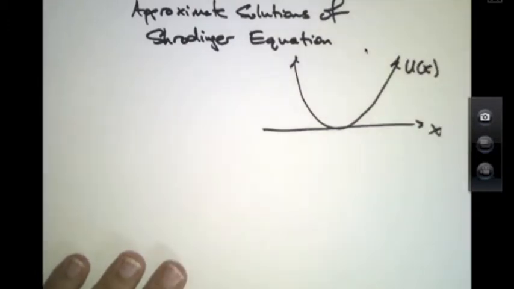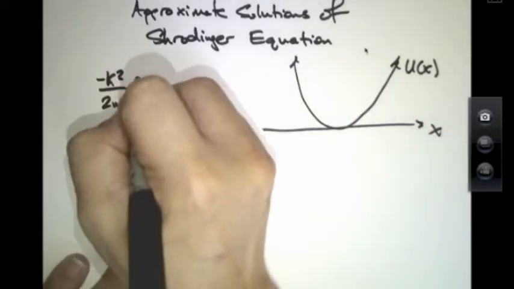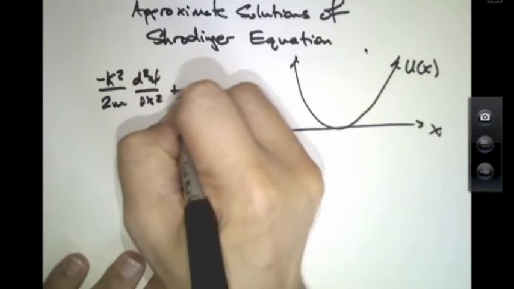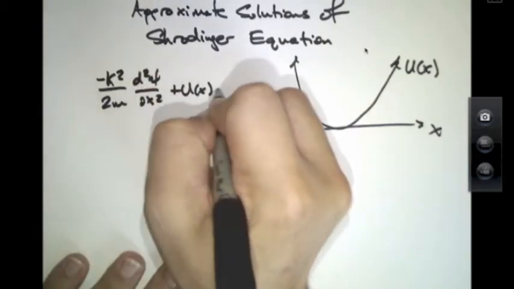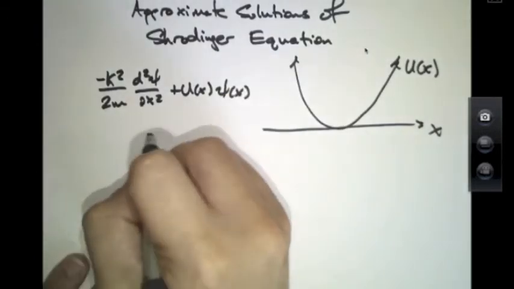Clearly the Schrodinger equation is a little bit more complicated than what we've dealt with up till now, because we have this potential energy term.